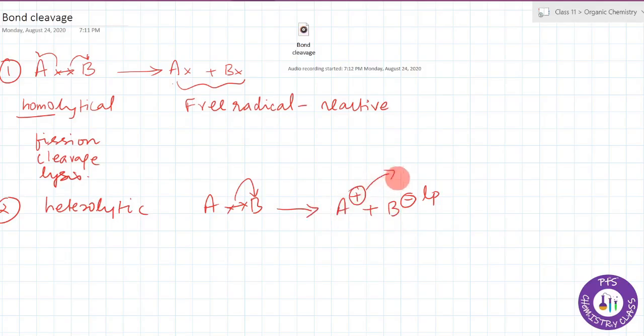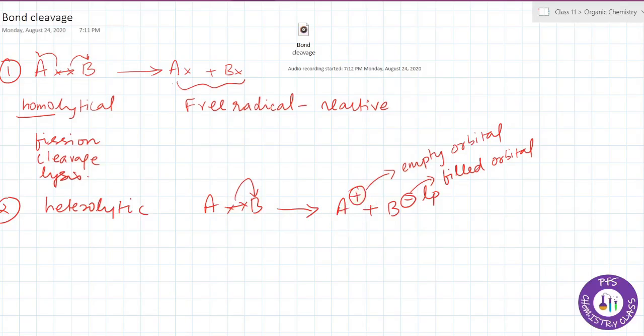Remember, I told you already, plus charge means an empty orbital and minus charge means a lone pair. So the orbital in the atom B will be filled with a lone pair obtained from the heterolytic cleavage of this bond, and since A has lost its share of electrons, it will have an empty orbital, represented by a plus sign.